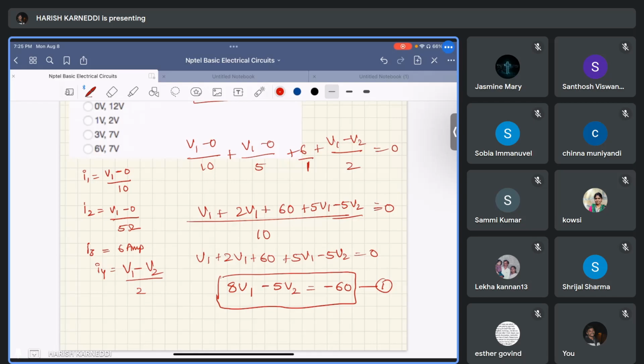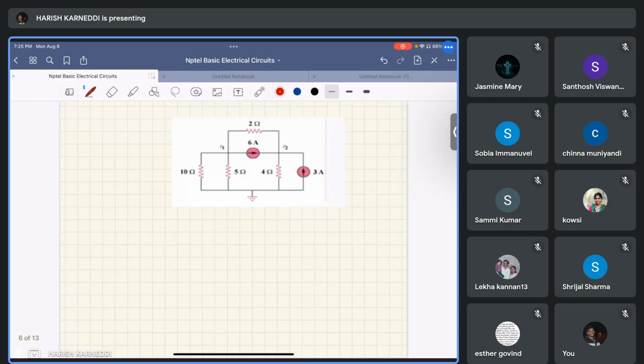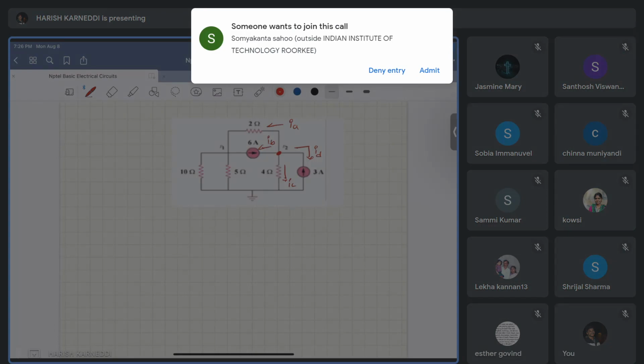We will go to the next node, that is at V2. Again we have to consider, let us suppose this is IA, this is IB, this is IC, this is ID. What does KCL say? The algebraic sum is 0.